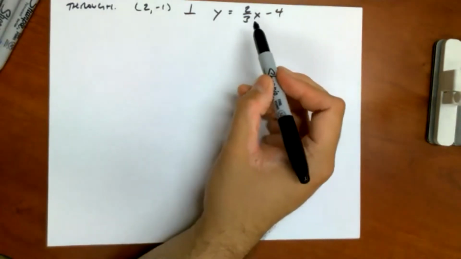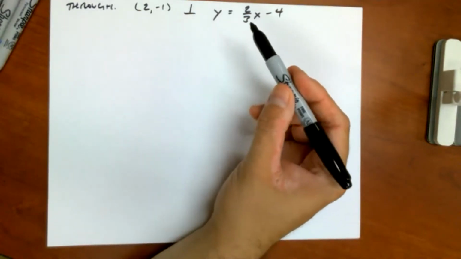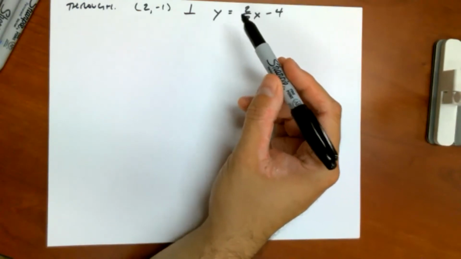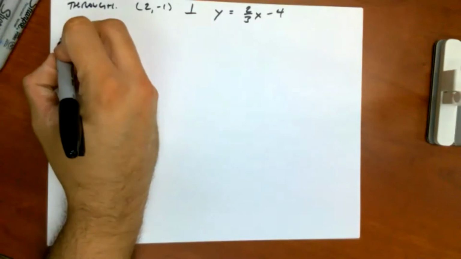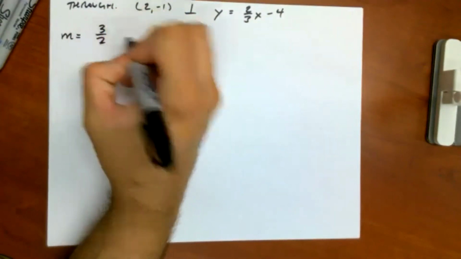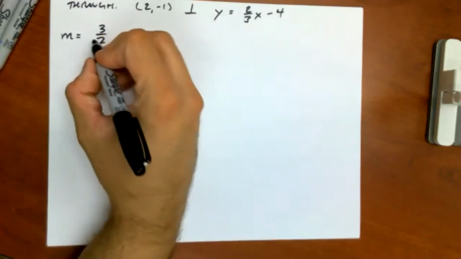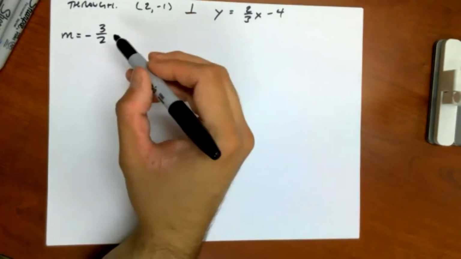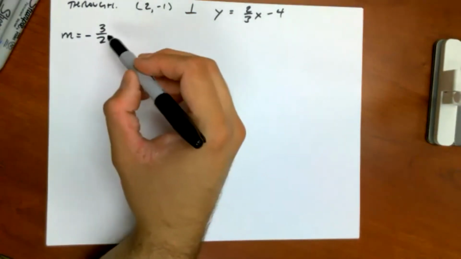We're not going to steal this slope, right? Instead of stealing it, we're actually going to do the opposite reciprocal. So our slope, instead of 2/3, you're going to flip it. So it's going to be 3/2. And instead of positive, it's going to turn negative. Okay? So these would be perpendicular slopes.